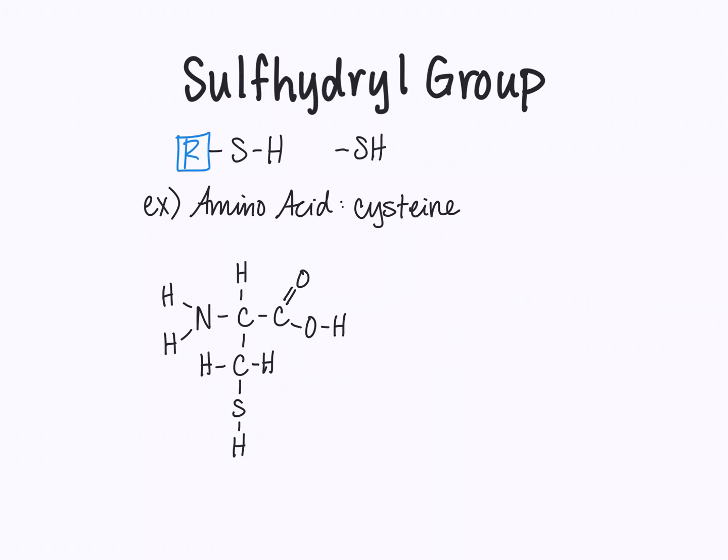Now, cysteine is interesting because it actually has three functional groups present. So it has the amino group, which is that NH2. It has the carboxyl group, which is the COOH. And then it also has the sulfhydryl group, which is just the SH.